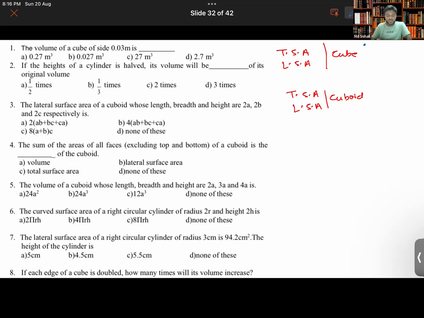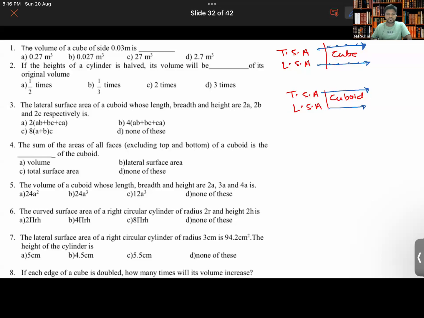Yes, Arhan, what is the total surface area of a cube and what is the lateral surface area of a cube? Okay, meanwhile, try to think of the answer. Meanwhile, you tell me the answer of the second question, Arham.